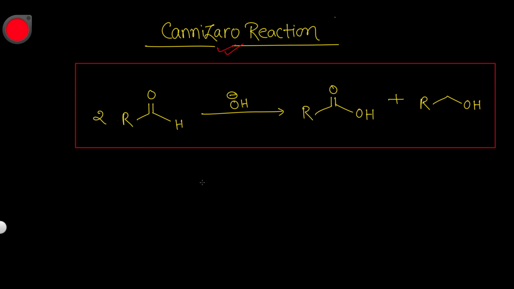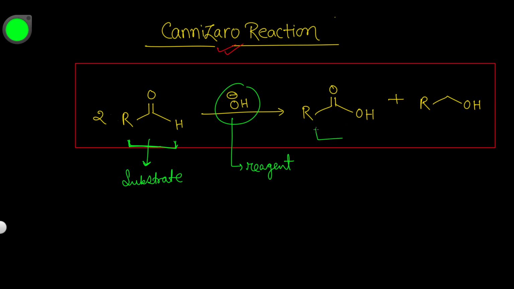Now you are seeing on the screen a general scheme of the reaction. Let me tell you, this is our substrate. We have taken 2 moles of this compound, 2 moles of this aldehyde, as the substrate, and here our reagent is OH minus, that is the base.